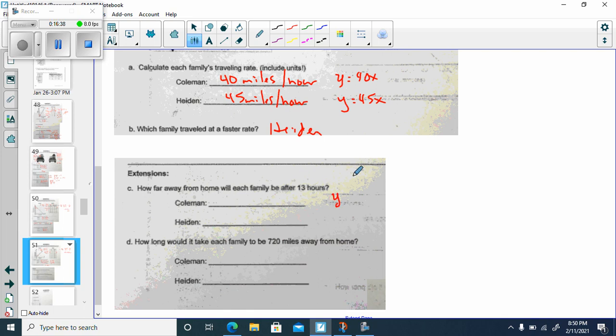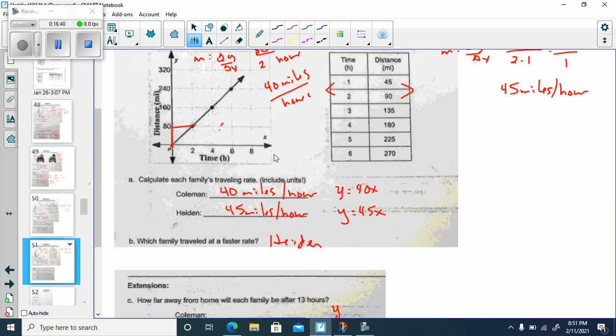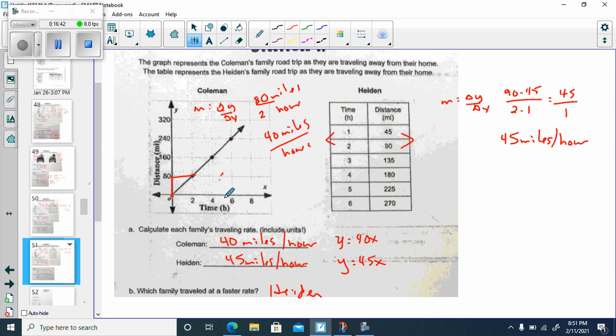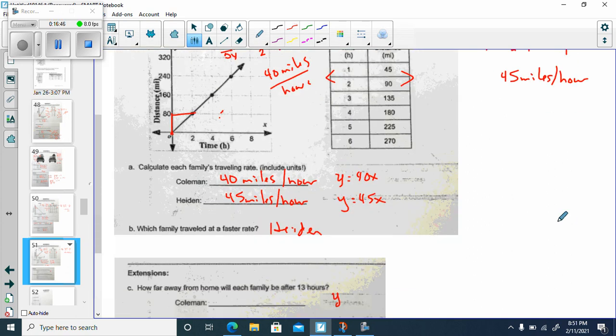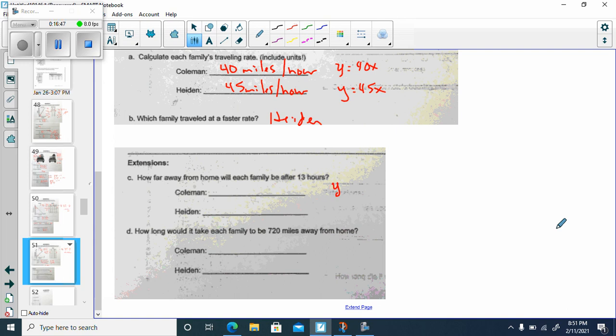How far away from home will each family be after 13 hours? Well, is the hours the x or the y? See, hours on the x-axis. Here, hours is on the x right there. So we've got y is equal to 40x, or 40 times the number of hours. That would be 13.